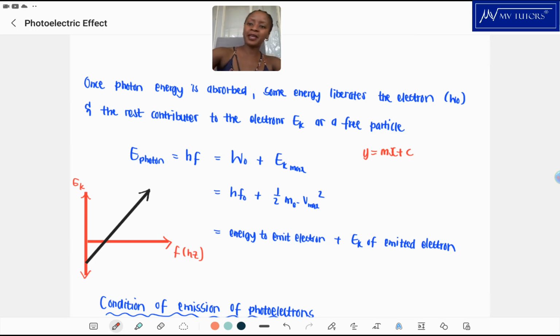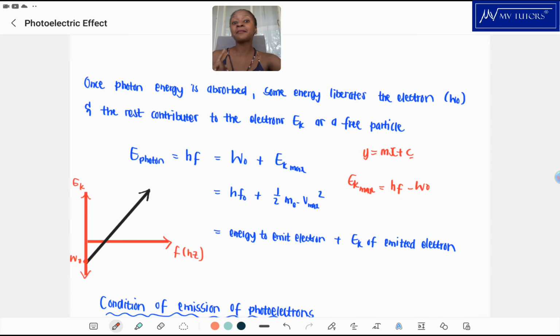Well, if you made the maximum kinetic energy the subject of your formula, you would have the energy of the photon minus the work function. So your c value, where it crosses the y-axis, would be your work function. So over here, this point would be your work function.